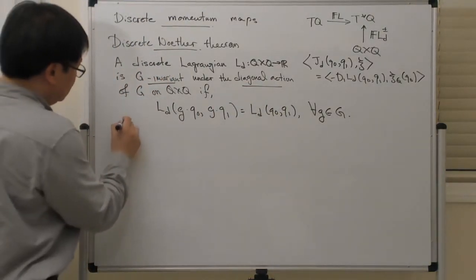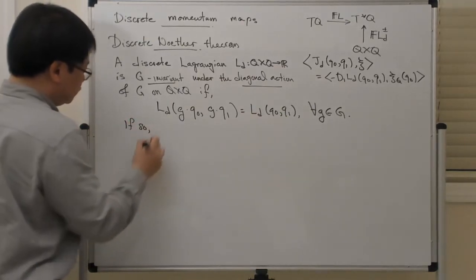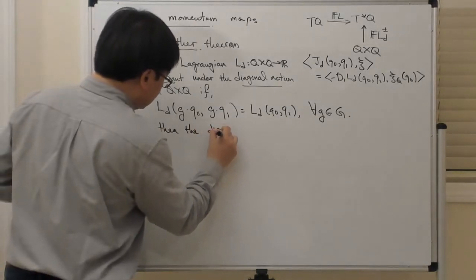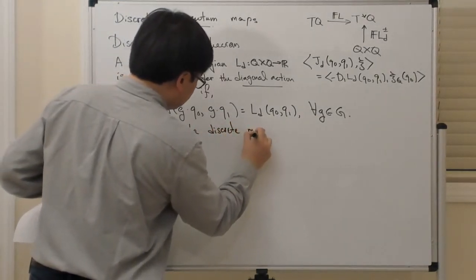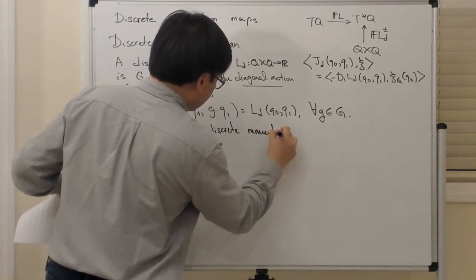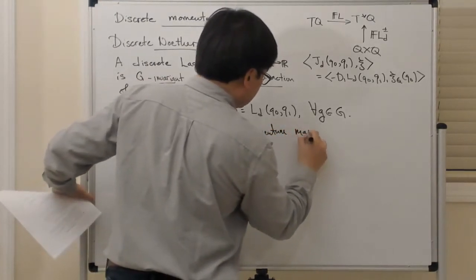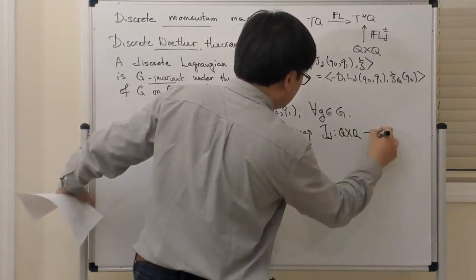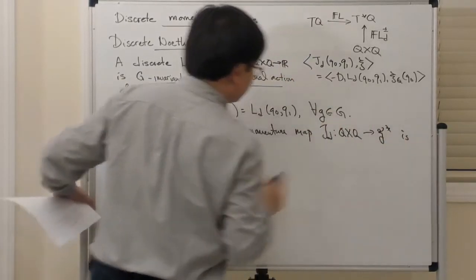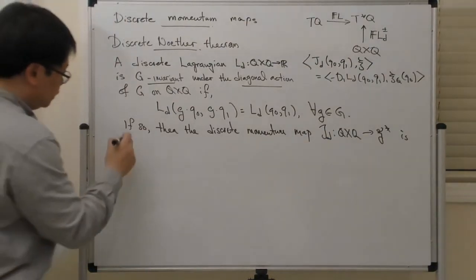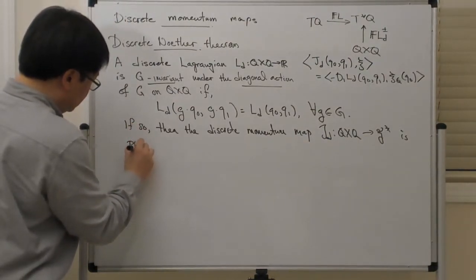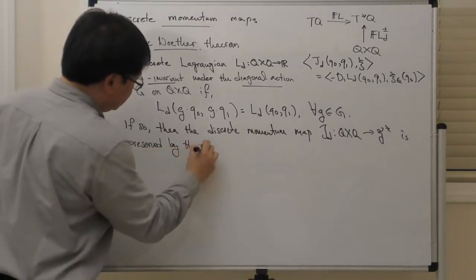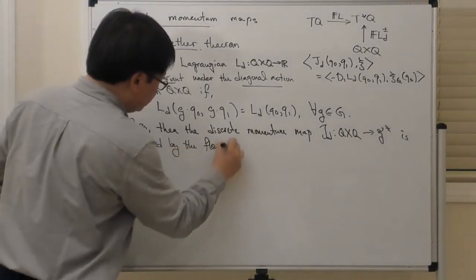And if so, then the discrete momentum map JD, which is a map from Q cross Q to the dual of the Lie algebra, is preserved by the flow of the discrete Lagrange equations.